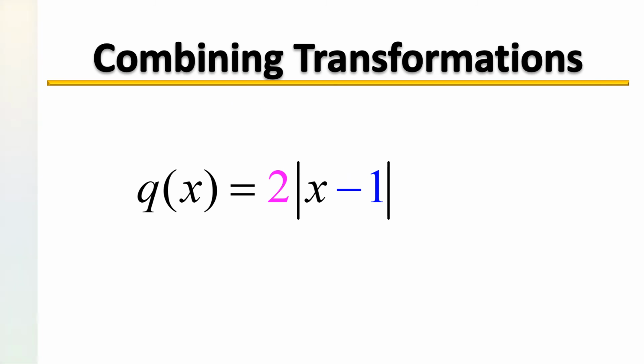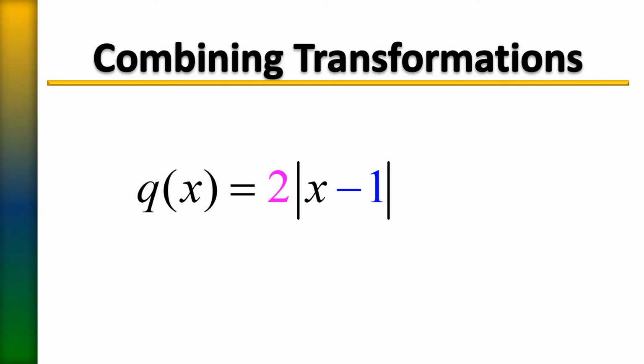So what do we do here? Okay, yes, the number is outside this time, so that is a vertical stretch or compression. And with vertical, if the number is greater than 1, it is a stretch. So this is a vertical stretch by a factor of 2.